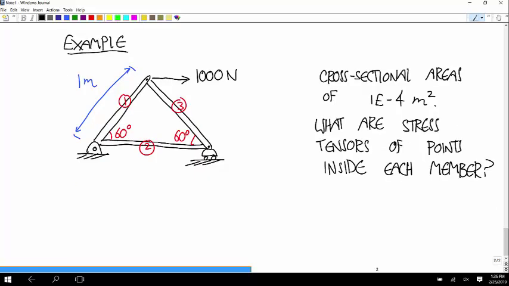Okay, so the first thing we have to do is calculate the tension or compression in each one of those members. It's a little bit of a pain, but people who took statics from me tended to calculate it one way, and the people who took statics from anyone else calculated it a different way. So I'm going to go through both of the two ways. You can sort of see how it works. So there's two ways to do this.